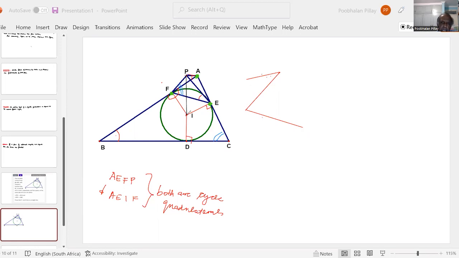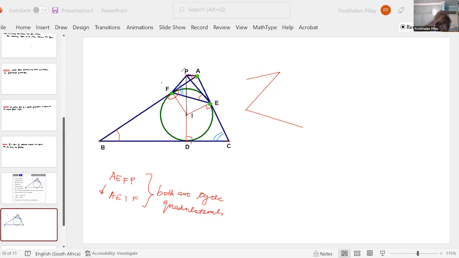And it also contains I, because we said that those 4 points are concyclic. So it means there is one circle that contains all 5 points. The circle that goes through these 3 points, there's only one circle. It contains P and I. So there's one circle that goes through all those 5 points. So those 5 points are concyclic, right?